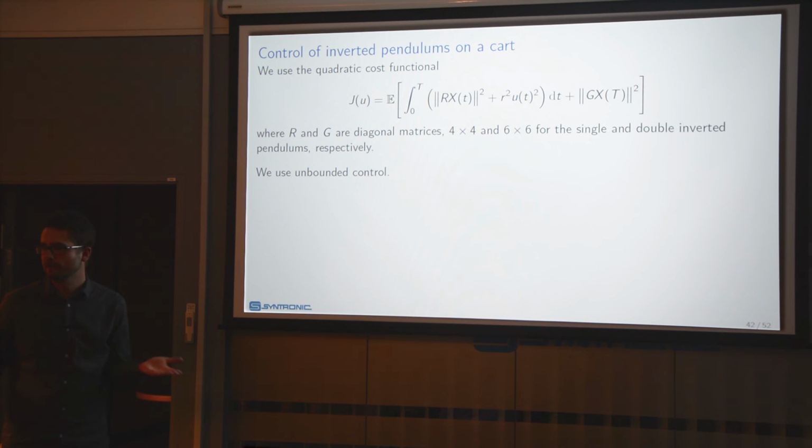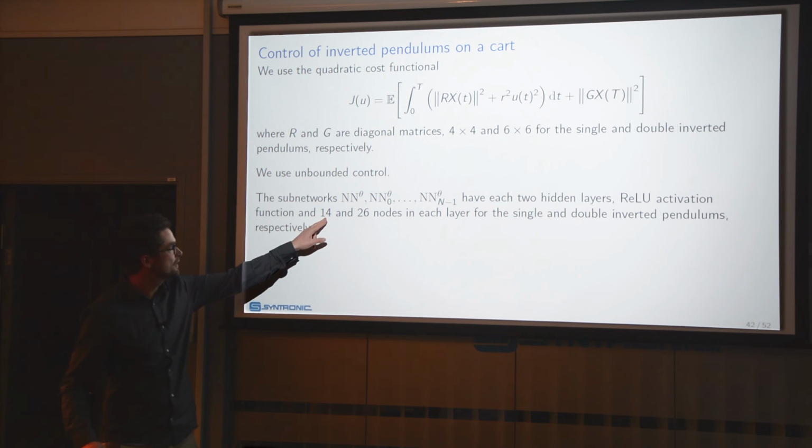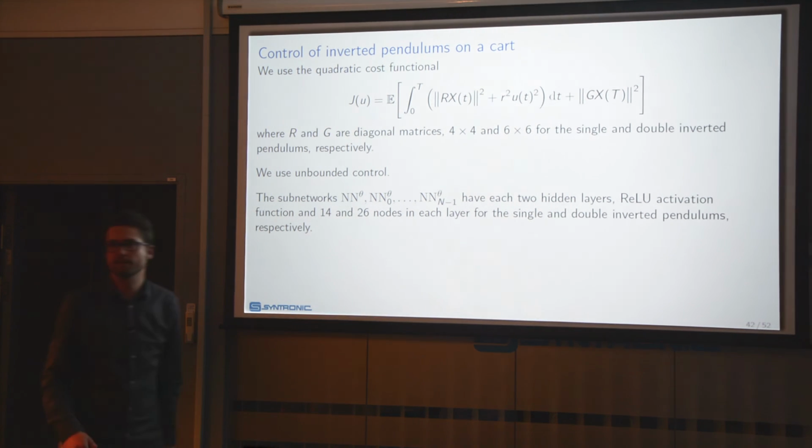If we would do another master thesis, it's a natural direction to consider constrained control, constraining both the control and the state and so on. The subnetworks use 2 hidden layers with a ReLU activation function and 14 nodes in each layer for the single inverted pendulum and 26 for the double. So it's very small networks.